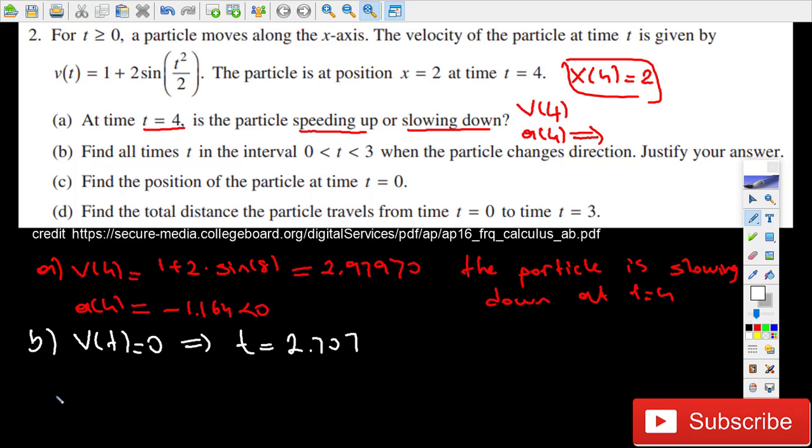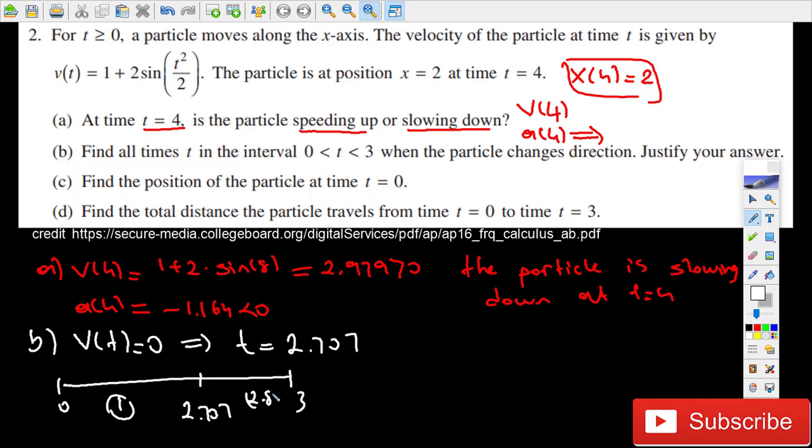t is going to be equal to 2.707. Then we make a number line between 0 and 3 and put 2.707 right here. For these two sub-intervals, we need to select values and test them in the velocity function. I'm going to select 1 from here and 2.8 from here.